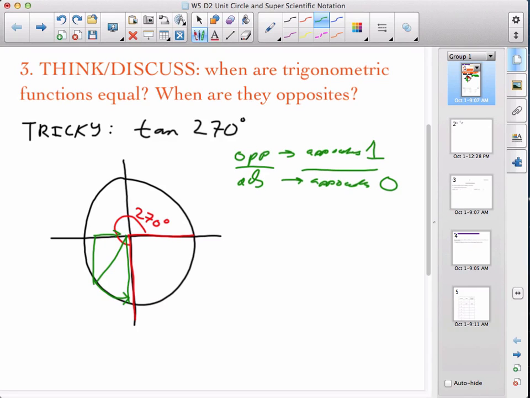So if the tangent were 1 over 0, what would the tangent be? Undefined, right? There would be no tangent. You would say it doesn't equal anything, or equals a little 0 with a line through it, which means no solution, or undefined.